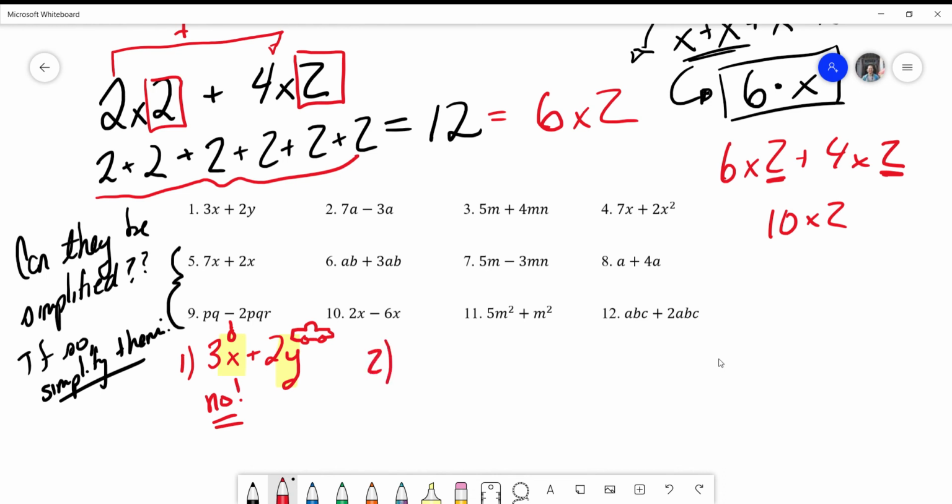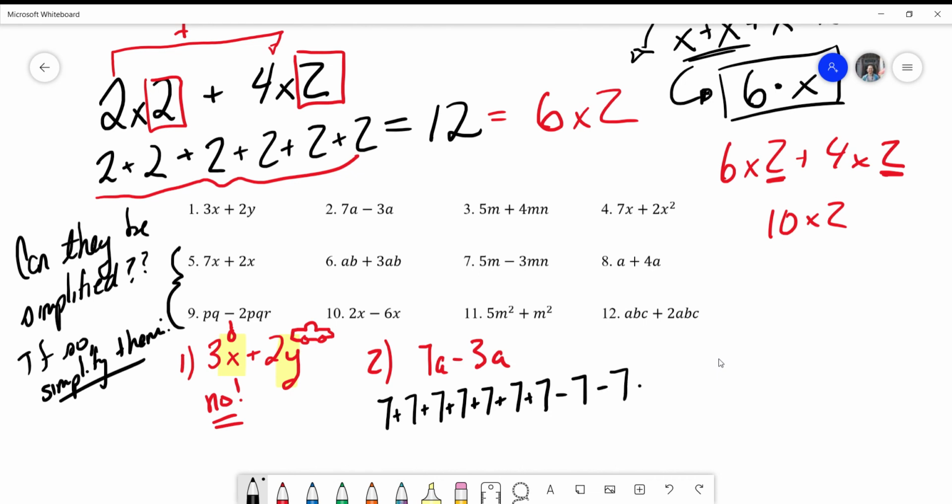Number 2, we've got 7a minus 3a. What that means is we have 7 plus 7 plus 7 plus 7 plus 7 plus 7 plus 7 minus 7 minus 7 minus 7. Or minus A, sorry, that's my bad. These are all A's.